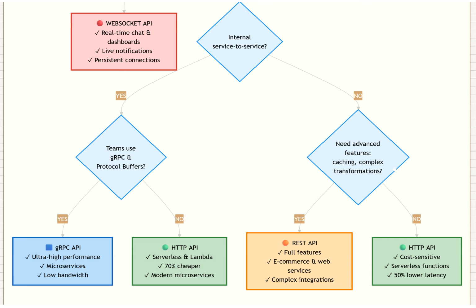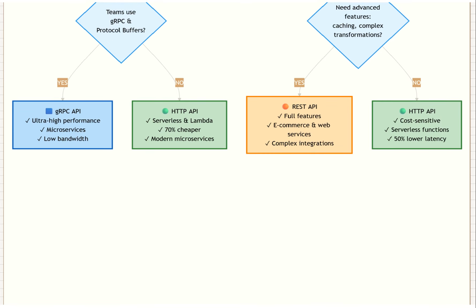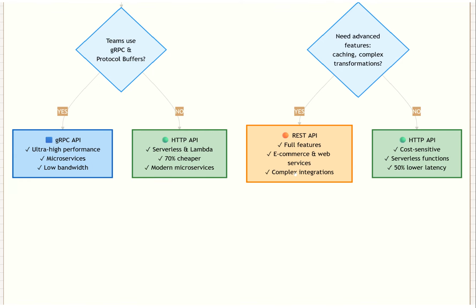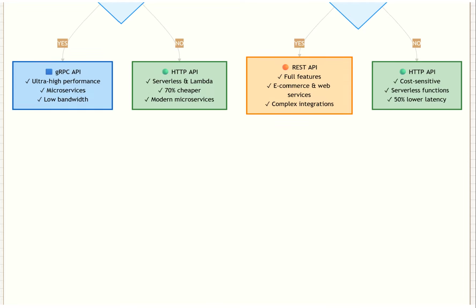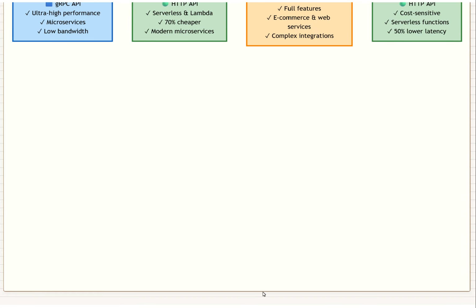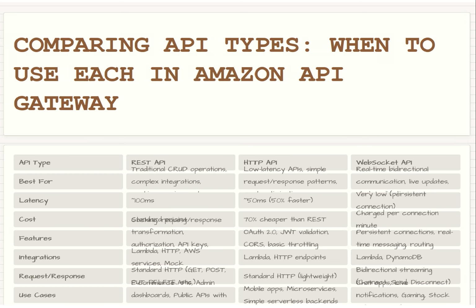But if not web based, you go back to HTTP API, which works with serverless and Lambda, 70% cheaper, for modern microservices. So that is how you select using the decision tree when choosing which API to go with.